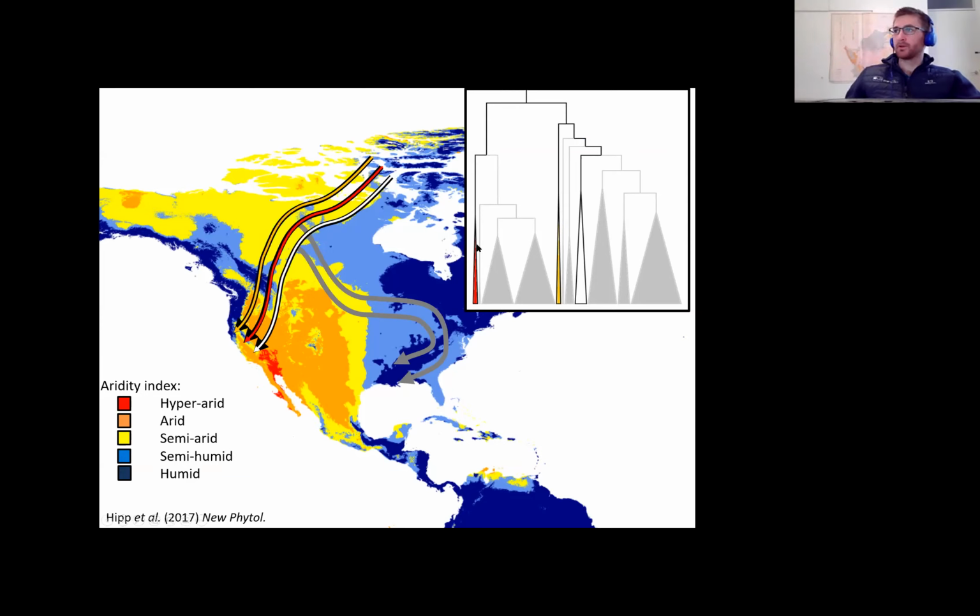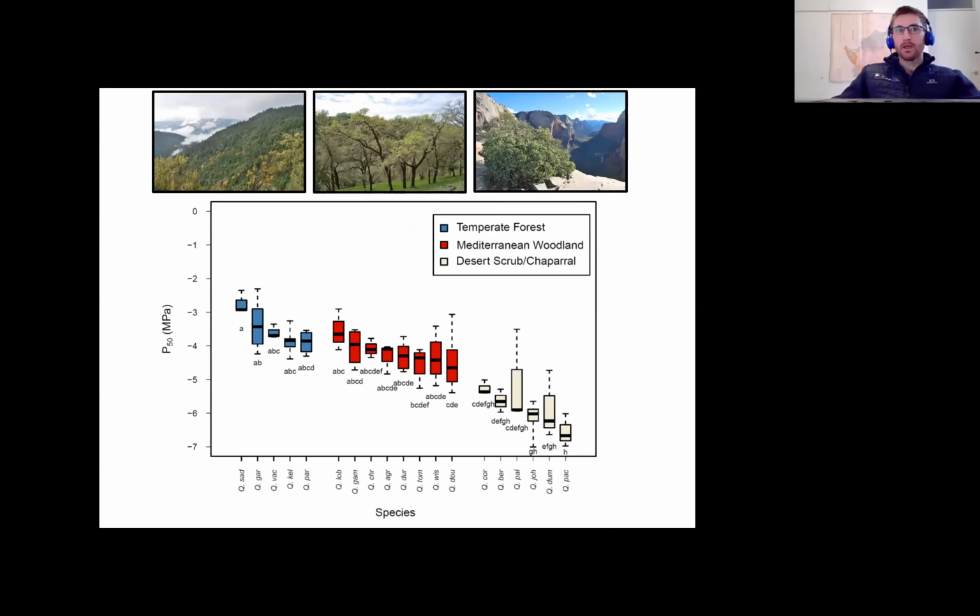But the oaks of California within those sections form monophyletic clades, so we can assess patterns amongst these closely related species. Okay, so here are the results. What we find is that there's approximately two to threefold variation in P50 of these different oaks from these different vegetation types, these different plant communities.